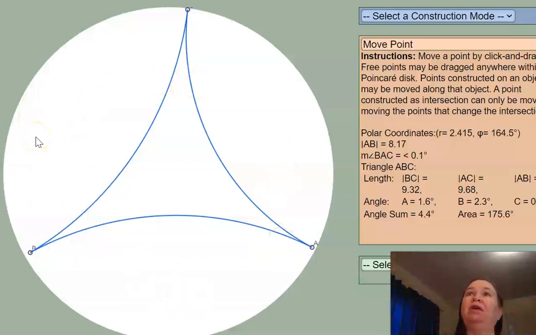There isn't a biggest triangle on a flat plane. Your biggest triangle is only bounded by how big your piece of paper is. And if you make a bigger piece of paper, you can make a bigger triangle. But on the hyperbolic plane, somehow, no matter how big your hyperbolic piece of paper is, you can only get so big.